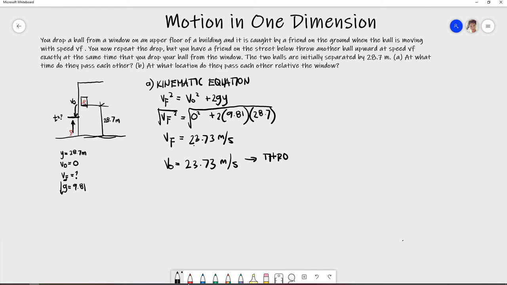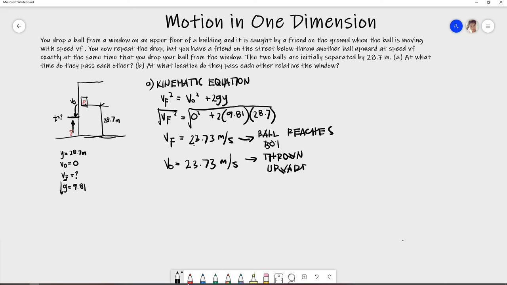When the ball is thrown upward, this is also the final velocity of the stone thrown downward when it reaches the bottom of the building.